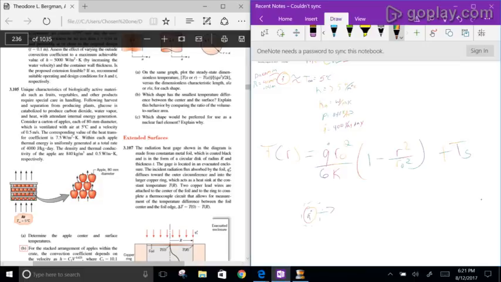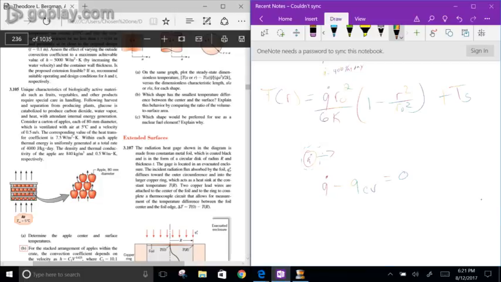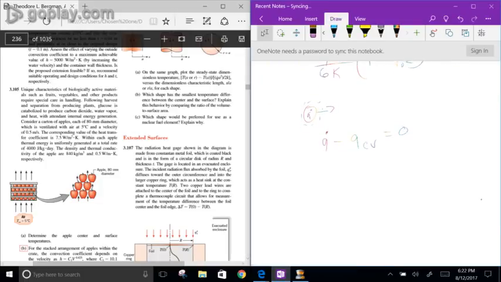The only thing that's leaving is convection. The energy generated is always positive, and the convection, since it's leaving, must sum to 0. This is a volumetric energy generation, so we have to multiply it by a volume. The volume of a sphere is 4/3 pi r cubed.